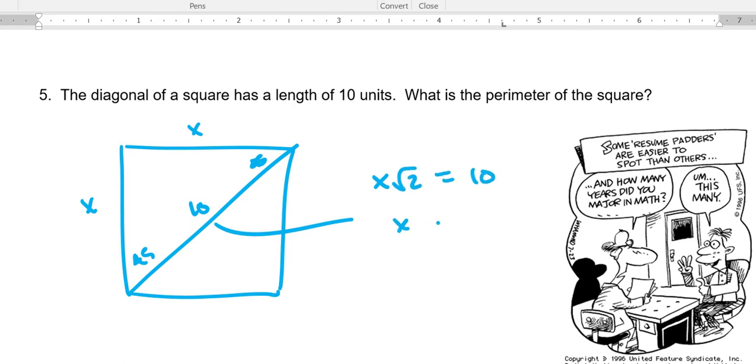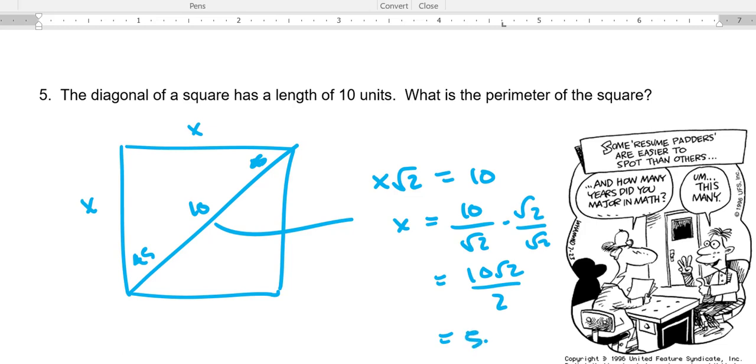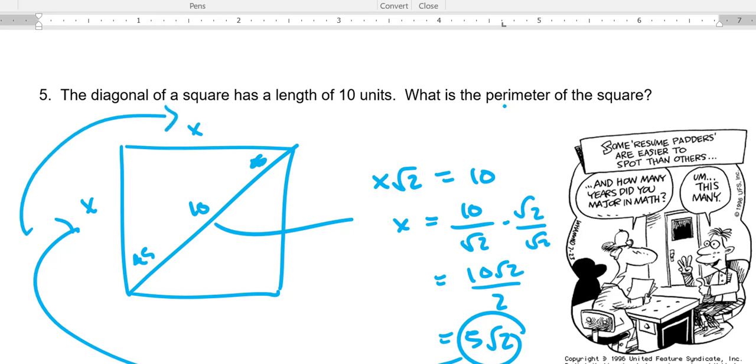So that means x is equal to 10 divided by root 2. Rationalize the denominator. I get 10 root 2 over 2, or 5 root 2. So those are each my x's. And so the perimeter is just 4 times the 5 root 2, or 20 root 2.